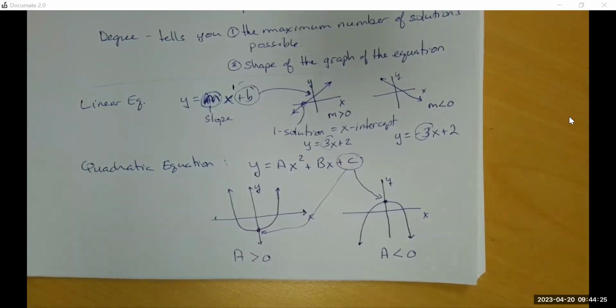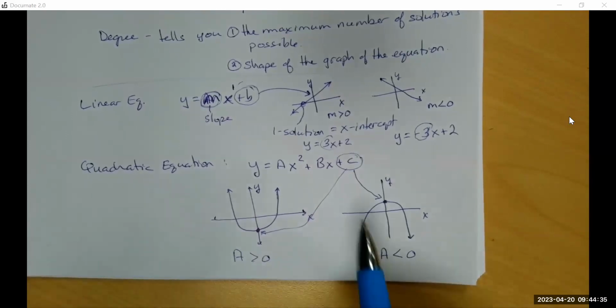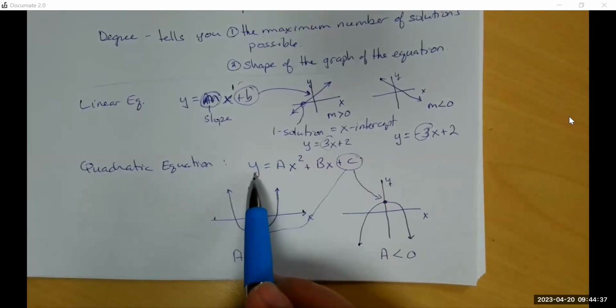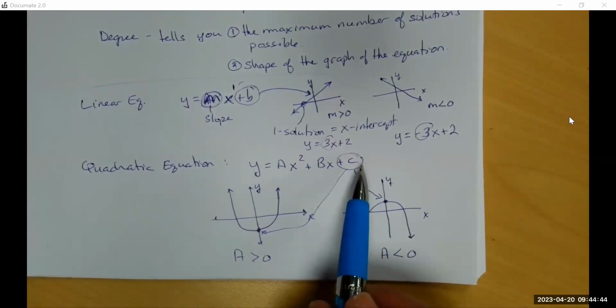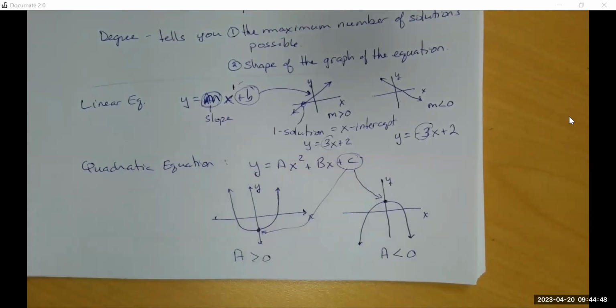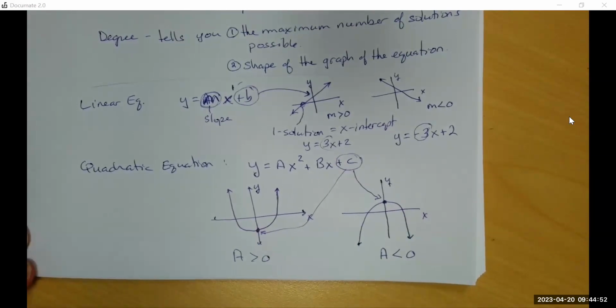So in any equation you have, whenever you set equal to y, solve for y, you get y by itself. If you ever have a number by itself, that's always the y-intercept. The constant is always the y-intercept.